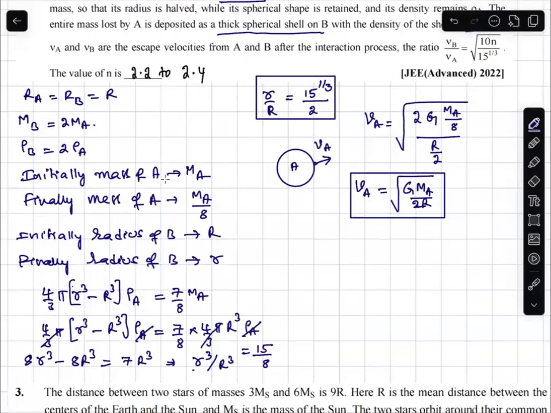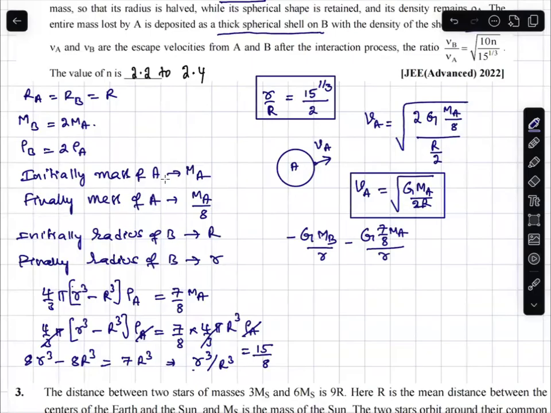Now, on the shell of radius r, potential energy is minus GMB by r minus G times 7/8 MA by r. Yes or no? On the surface of the present planet B. Why?